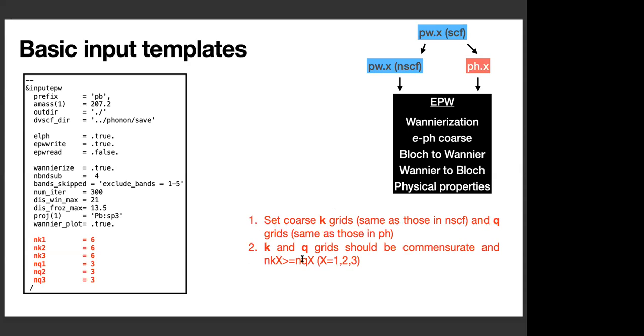And also, the number of k grid should be greater than or equal to the number of q grid. Yes. For example, in this case, you cannot use the number of coarse q grid 4, since 4 is not commensurate with 6.